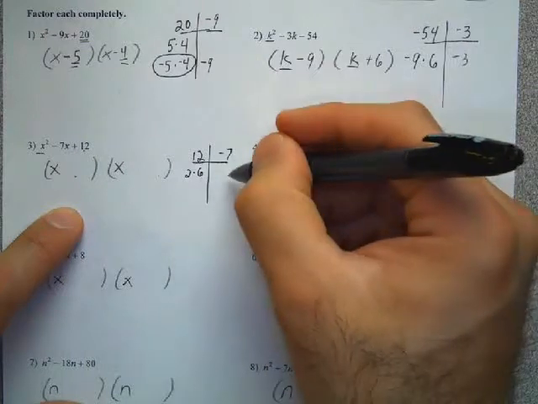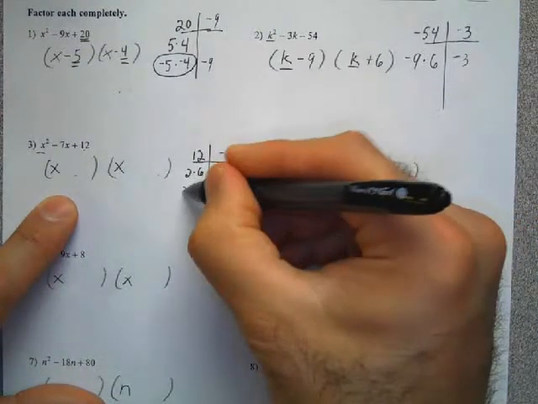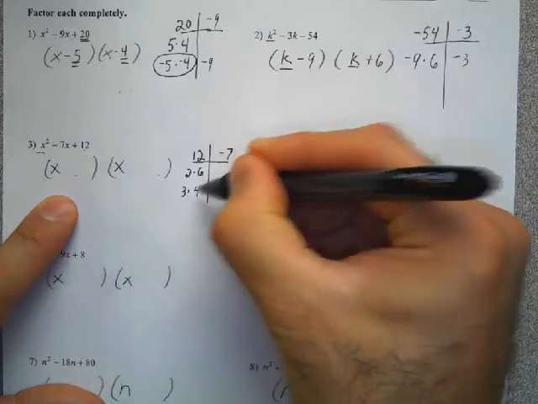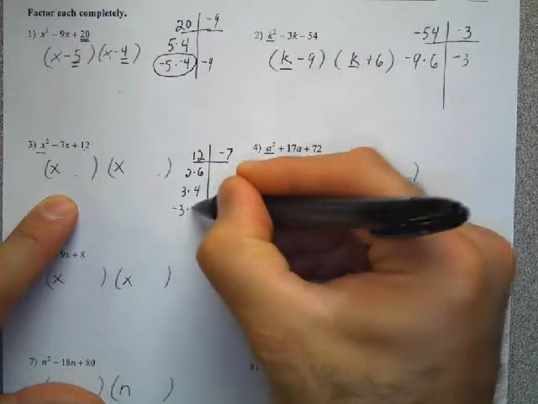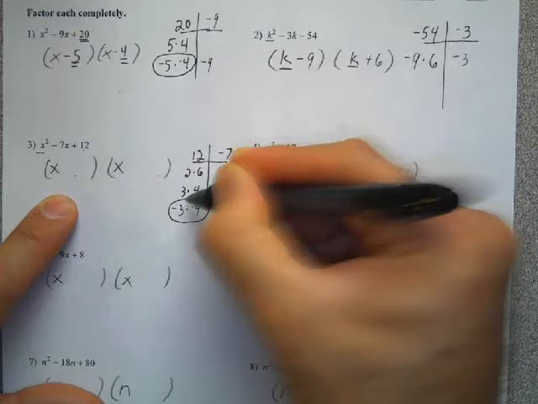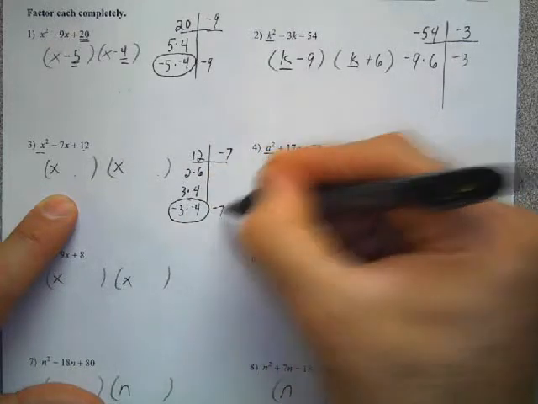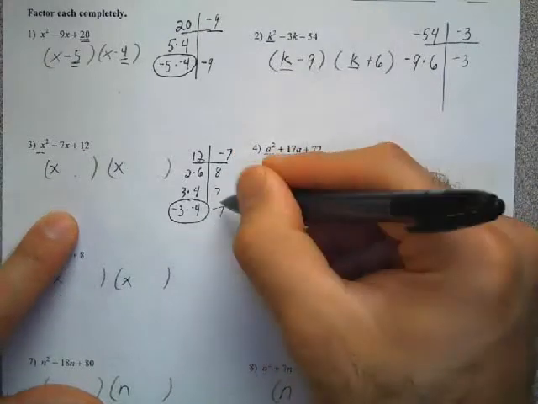I can think of 3 times 4 is 12, but I need a negative 7. So negative 3 times negative 4 is still positive 12, but when I add them up, there's my negative 7. All right? So that's what I'm going to want to use right there. Negative 3 and negative 4.